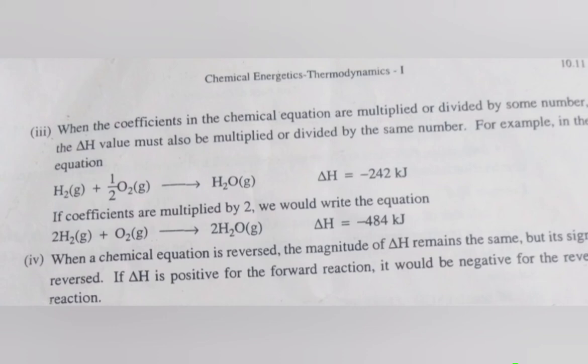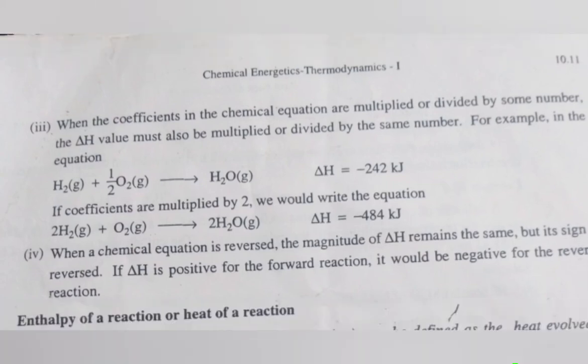For example, in the equation hydrogen plus oxygen gives H2O, while writing a balanced chemical equation we never use fractions. To avoid the fraction, we multiply it by 2. The equation becomes 2H2 plus O2 gives 2H2O, but along with that, the delta H value also has to be multiplied by 2, so the value will be minus 484 kilojoules.